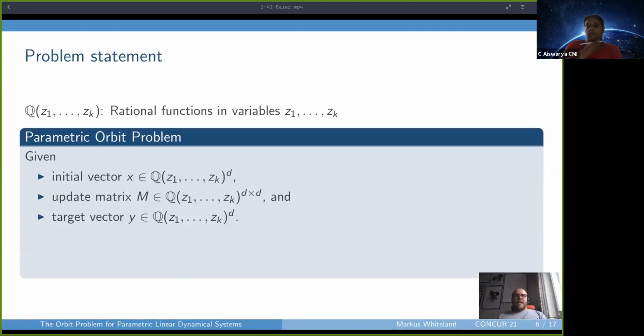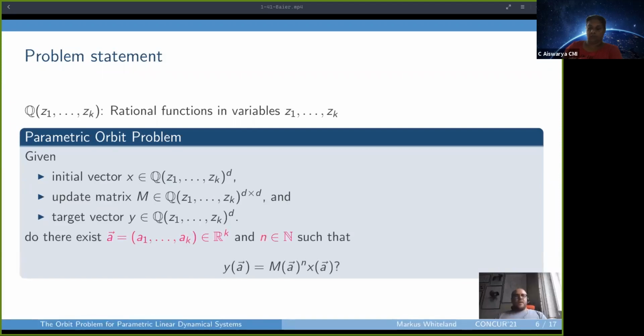We have initial vector x, which is a d-dimensional vector whose each coordinate is given by a rational function from q of z1 to zk. We have the update matrix M, a d by d matrix whose entries are rational functions in q of z1 to zk, and finally a target vector y, which again has rational function entries.